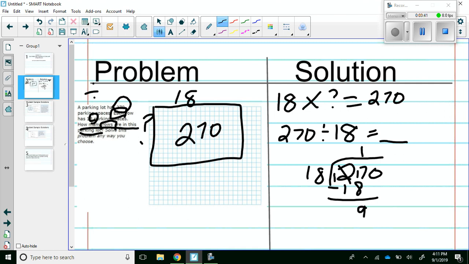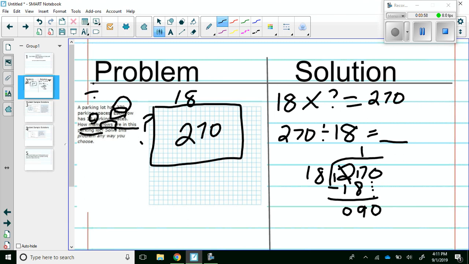I have 1 minus 1, and I can put a 0 there. You could either leave it alone or put a 0 there to hold the place value. It doesn't matter either way. The value is the same. And then I need to bring down the 0 left hanging there.